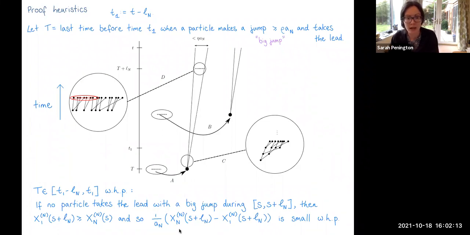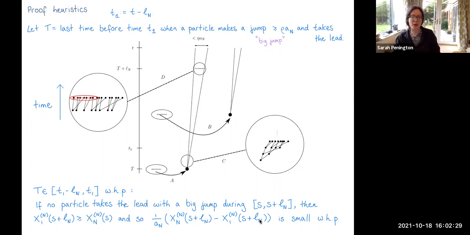what that means is that if we look at the diameter of the cloud of particles at time s plus ln, and we divide by an, we know that the position of the leftmost particle is at least xnn of s.